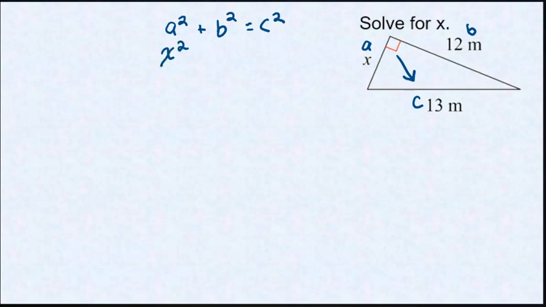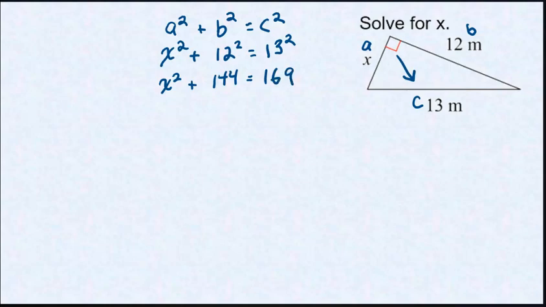I've mentioned this in the quadratic formula video, that I often write the formulas out every time I use them. That's how I remember them. 12 squared is 144, and 13 squared is 169 according to my calculator.